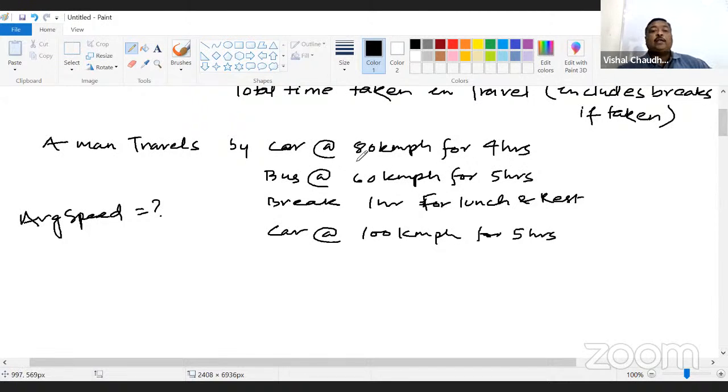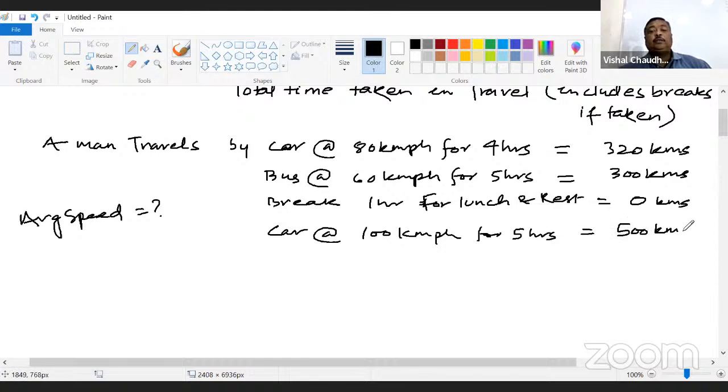So how much has he traveled? The distance 80 into 4, 320 kilometers. The distance 60 into 5, 300 kilometers. The distance nothing, 0 kilometers, because he is taking a rest. And here 500 kilometers.